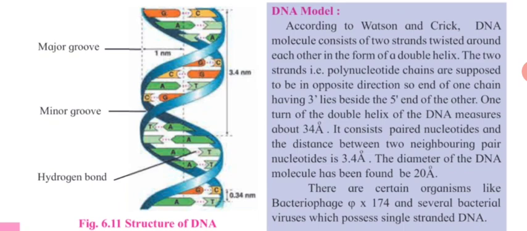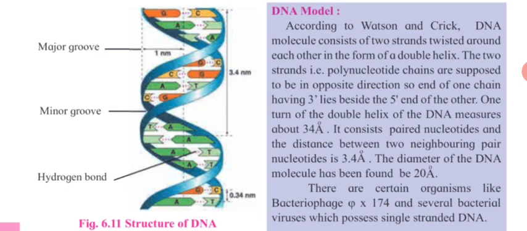In DNA, A always pairs with T, means adenine pairs with thymine by 2 hydrogen bonds, and G pairs with C always by 3 hydrogen bonds. So here we have discussed some primary information about the structure of DNA, about nucleotides, nucleosides, then components of nucleotide, etc.